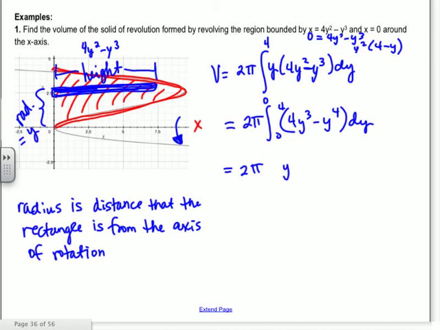So I'm going to have y to the 4th minus y to the 5th over 5, going from 0 to 4.